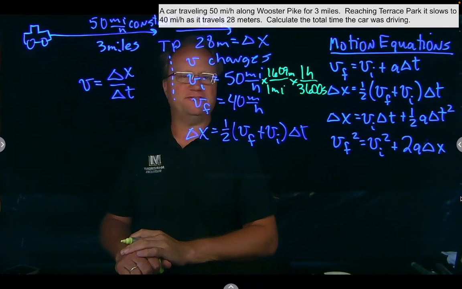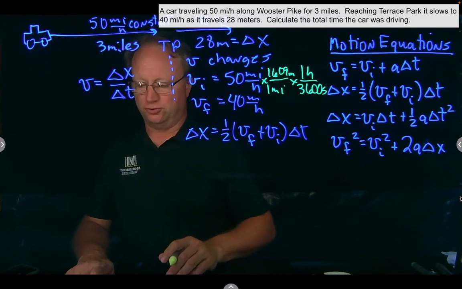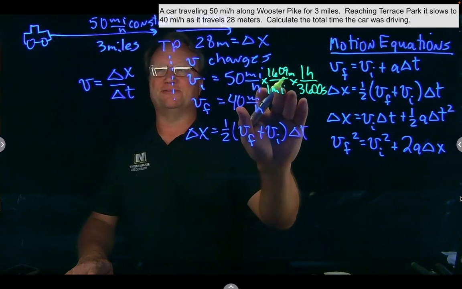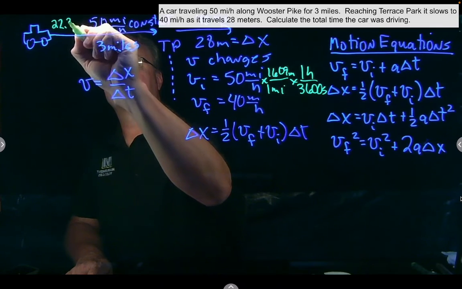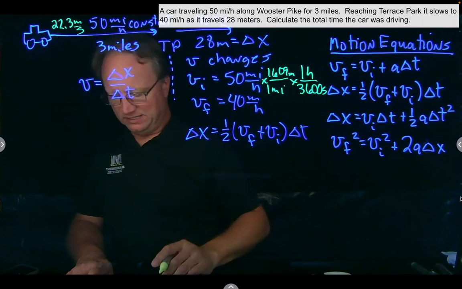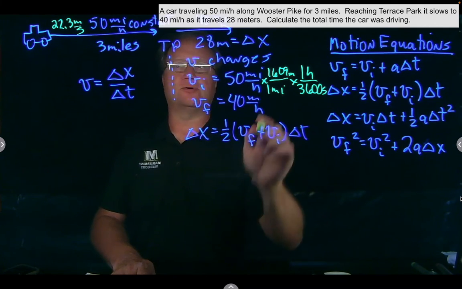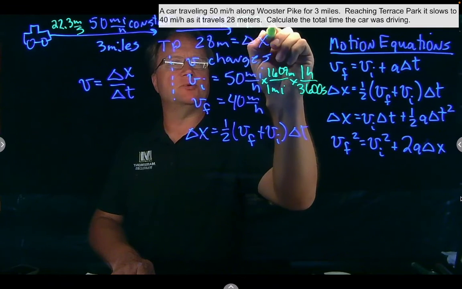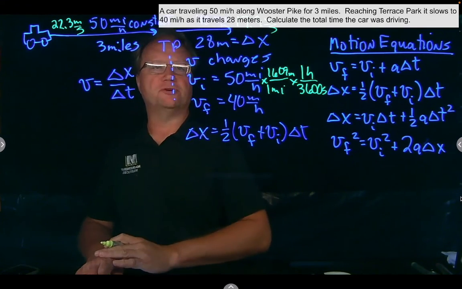So that means our 50 miles an hour is going to convert over to 22.3 meters per second. Since I didn't leave myself enough room over there, I'm going to write it over here. And then when we do the same conversion on the 40 miles per hour, that's going to convert to 17.9 meters per second.